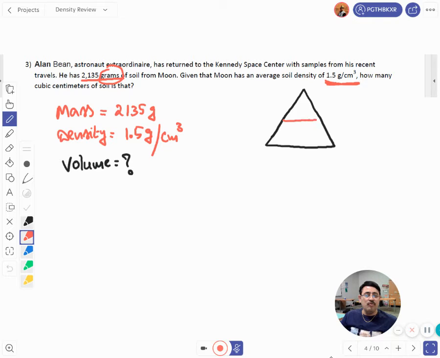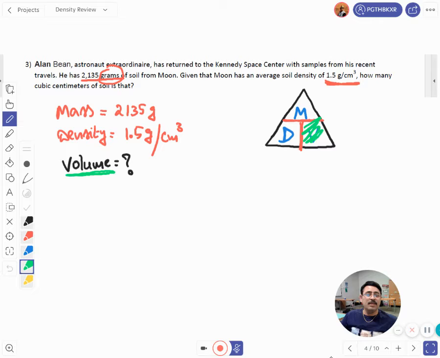And then don't forget to write the letter T. Then write the formula: density equals mass per volume. Now here you are trying to figure out what the volume is.